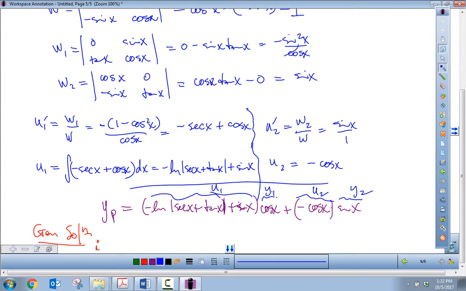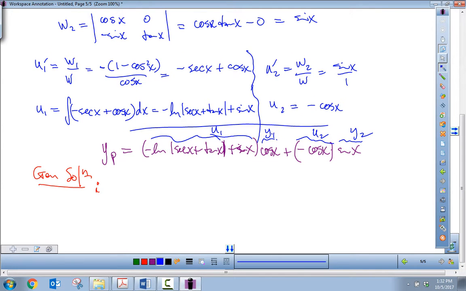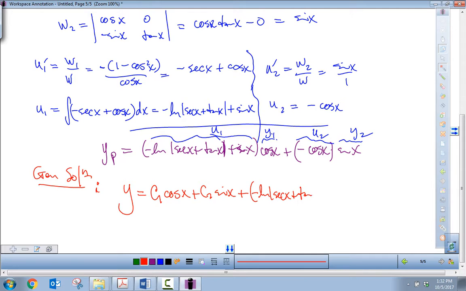All right, general solution. We'll go back to our yc, which is C1 cosine x plus C2 sine x plus, and now we just have to rewrite everything over, minus ln secant x plus tan x plus sine x times cosine x, times cosine x plus, I got a minus cosine x sine x.